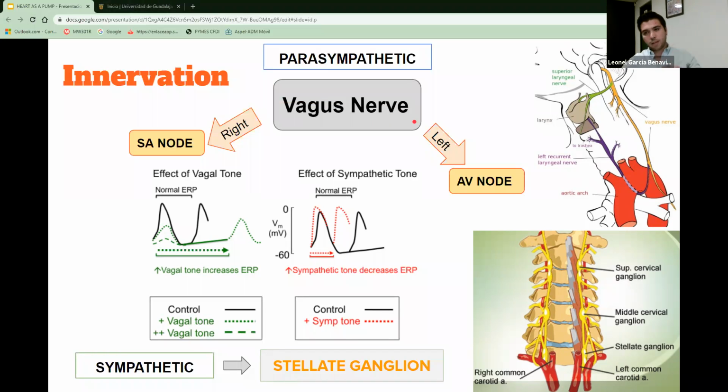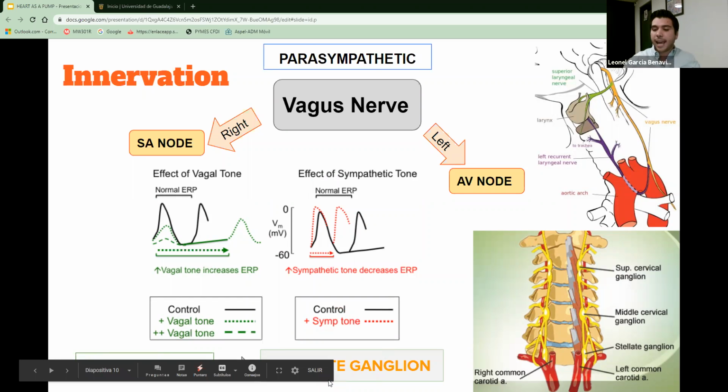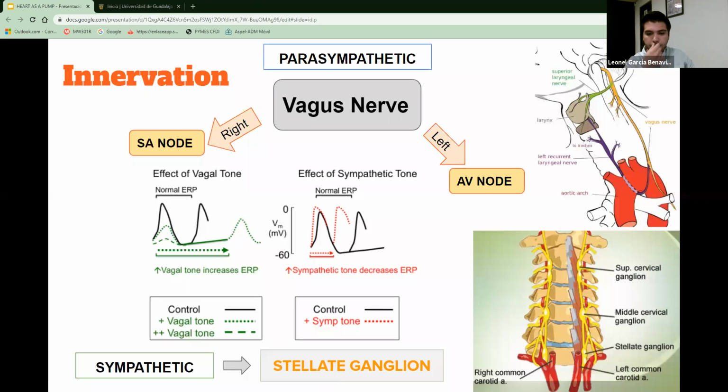As you remember, one of the cranial nerves, the left one is going to stimulate the AV node, and the right one is going to stimulate the SA node. And the sympathetic stimulation the heart has is through the stellate ganglion. The stellate ganglion, as we can see right here, is found in the brachial plexus.